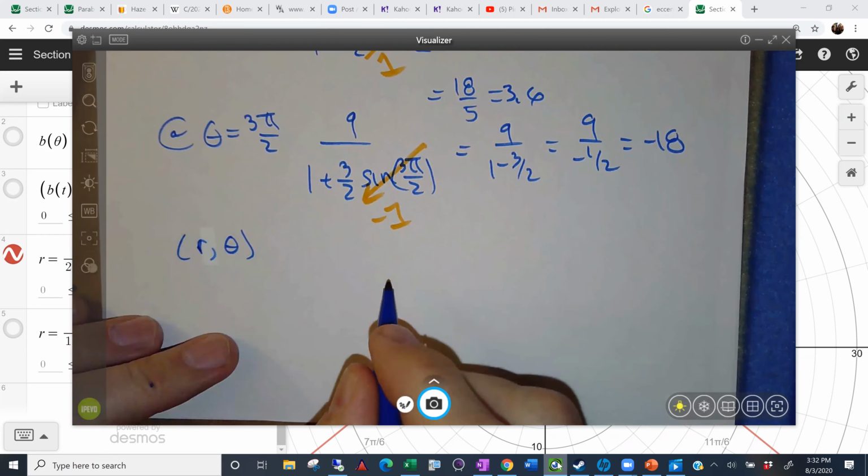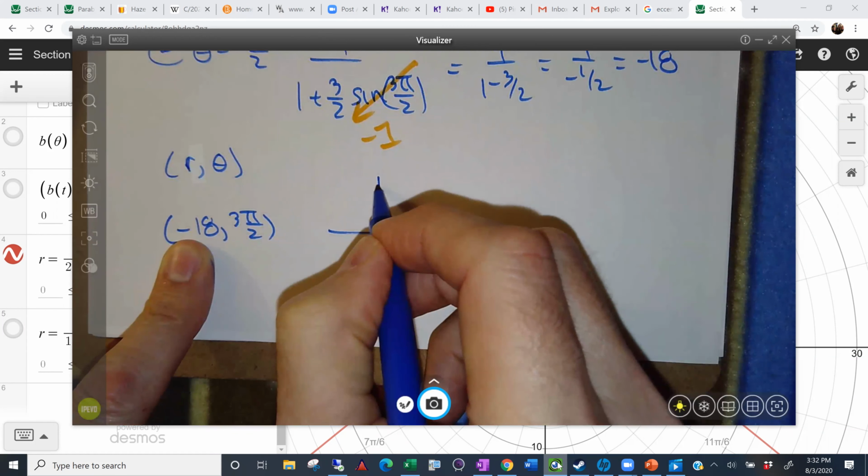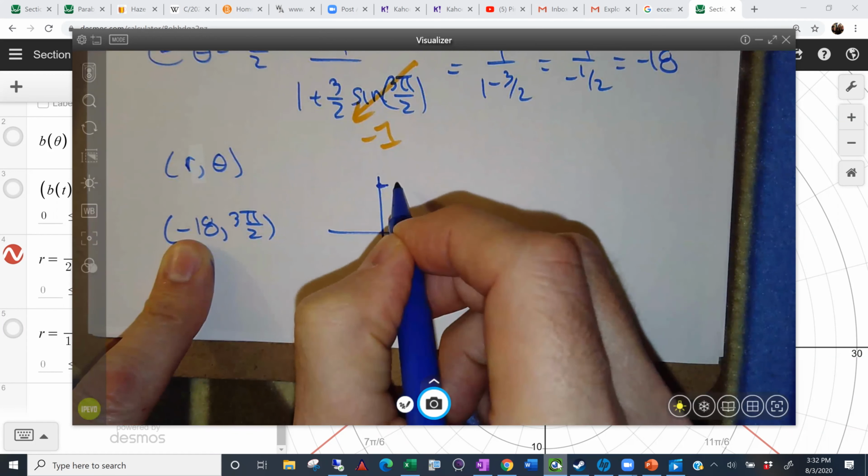So if I had positive 18 and 3 pi over 2, 3 pi over 2 is my angle, and I move a distance of 18. But because I got a negative radius, I have to add pi to my angle, and it's actually going to plot up here at 18. And that would be negative 18 and 3 pi over 2.